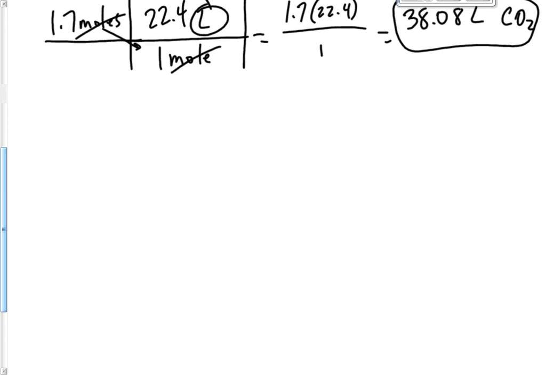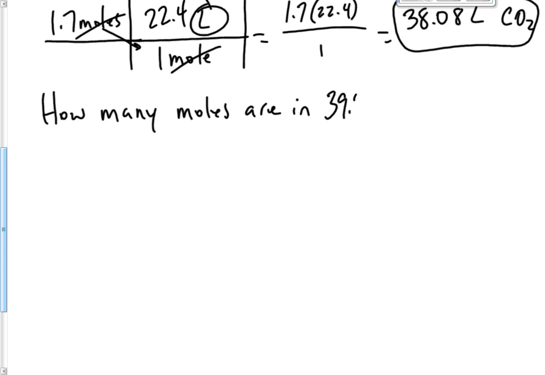How many moles are in 39.4 liters of gas? If you're asking yourself, what type of gas is it? It doesn't matter, because again, all gases occupy the same amount of volume.